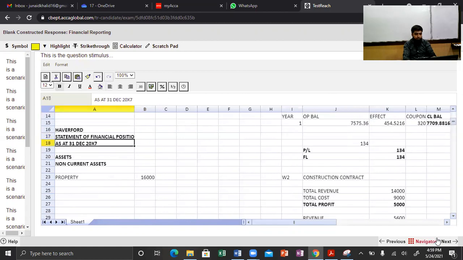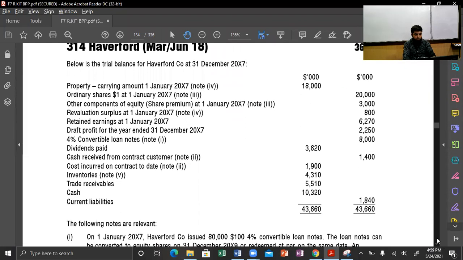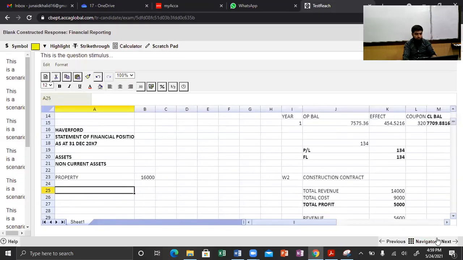It means the property value is 16,000. Is there any other non-current asset? No further non-current assets could be found. So the total non-current assets is 16,000. Now let's move on to the current asset side.